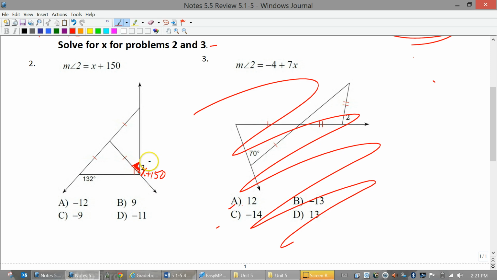But let's backtrack and see if we can figure anything else out based off of the picture. This angle right there is 132, so that whole angle forms a linear pair with 132. So if you do 180 minus 132, you get 48. And then if you look at it in terms of triangles, see this big triangle right there?